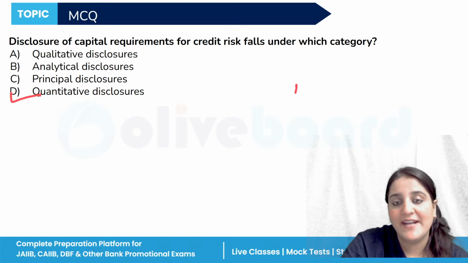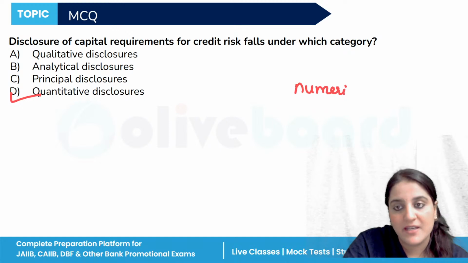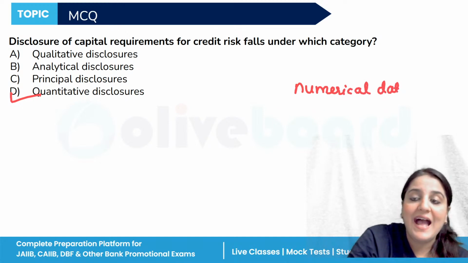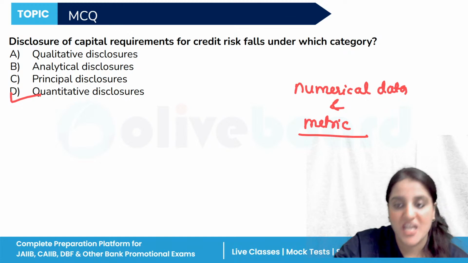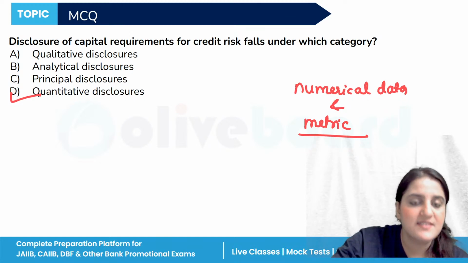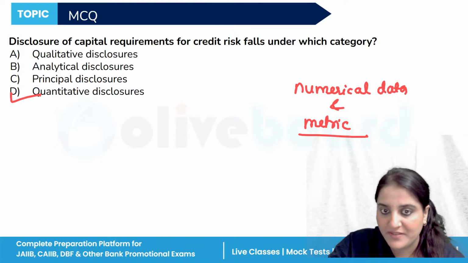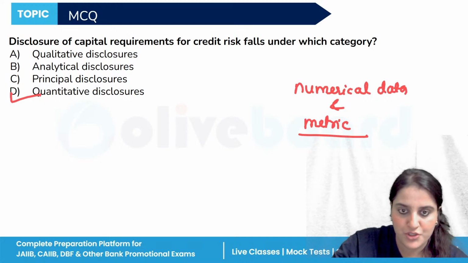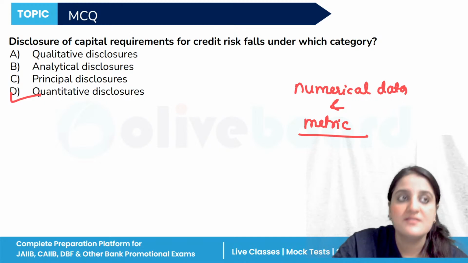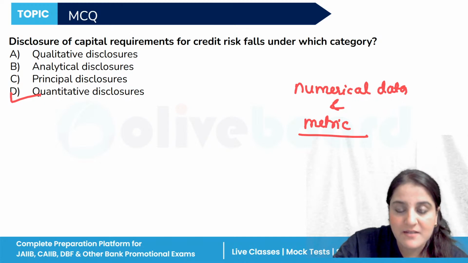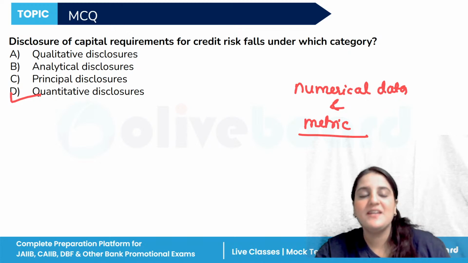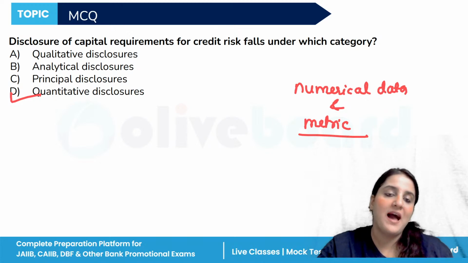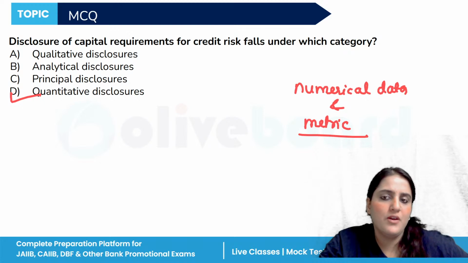Because they provide numerical data and metrics that enable the stakeholders to assess the bank's capital adequacy and the risk exposure. These disclosures complement qualitative information and help in analyzing the bank's financial health. So the D option is correct.